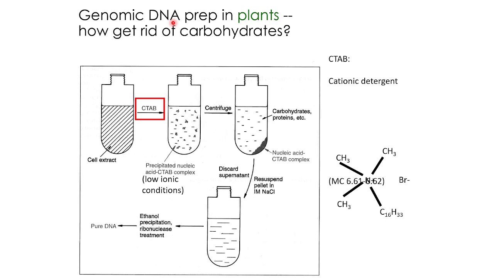You centrifuge it, and the carbohydrates and proteins stay in the solution that is removed. So you will have the nucleic acid CTAB complex. You discard the supernatant, resuspend the pellet in 1 molar NaCl, and then again go for an ethanol precipitation and ribonuclease treatment to remove the RNA and get the pure form of DNA.